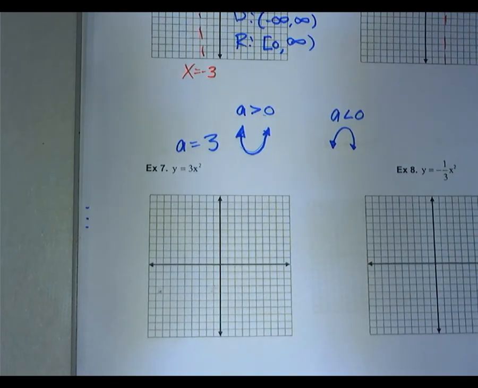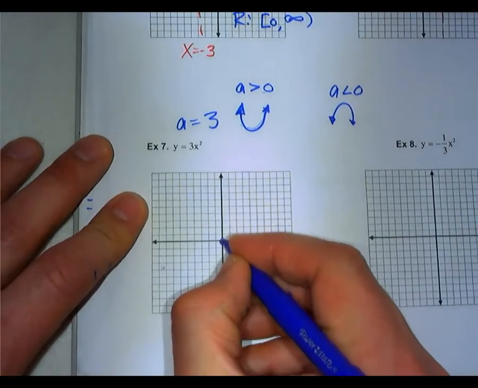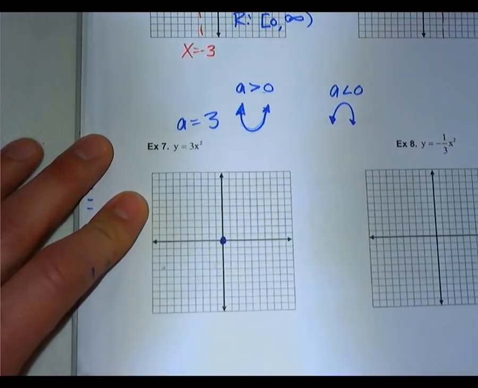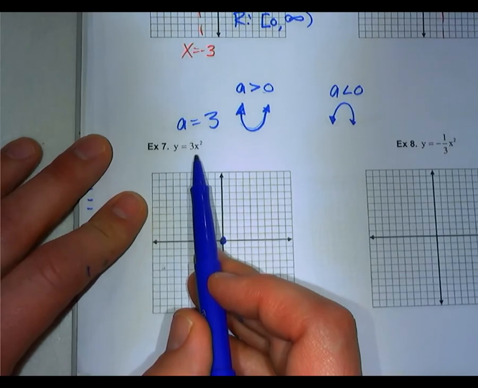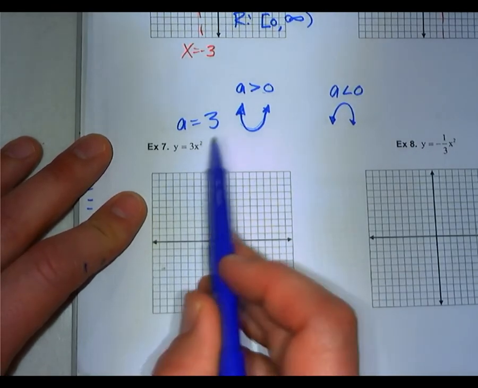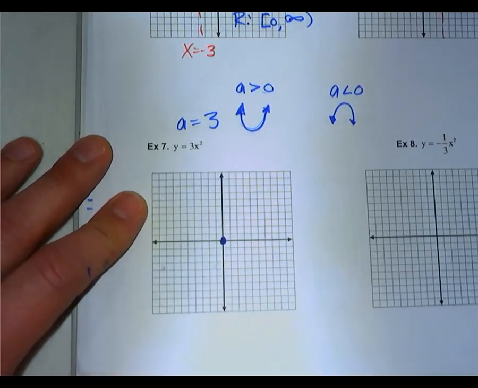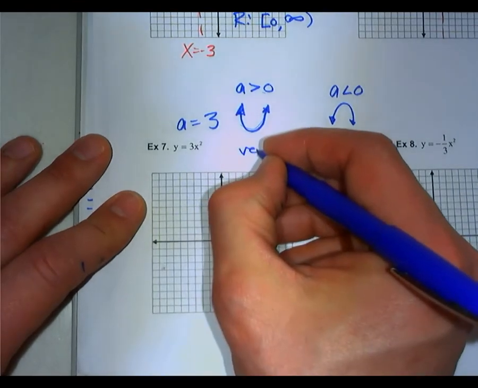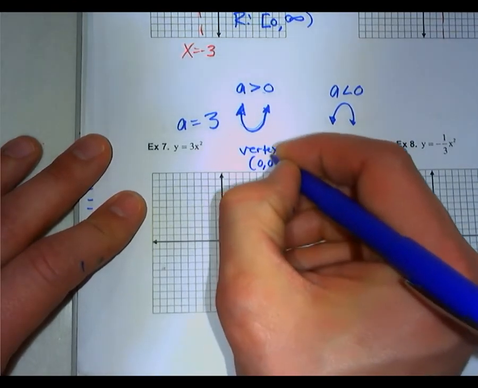All right. Now this thing has no h and k, so my center, my vertex, stays right there at 0, 0. There is no h value, there's no quantity there, and then there is no k value at the end of this thing. So this thing stays at a vertex of 0, 0.